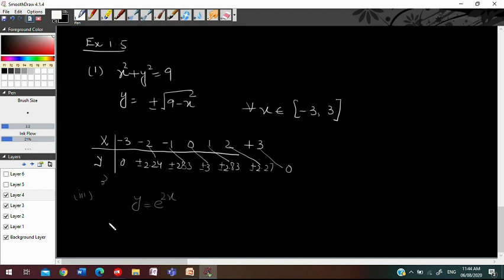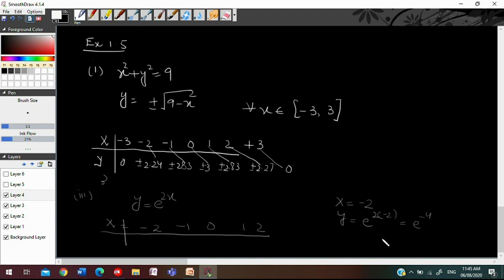First you give different values of x. You make the table: -2, -1, 0, 1, 2. And for these values of x, you can find the values for y. When x is equal to -2, what happens? y is equal to exponential 2 into -2, exponential -4, and you know that the value of this exponent e is 2.7 something.